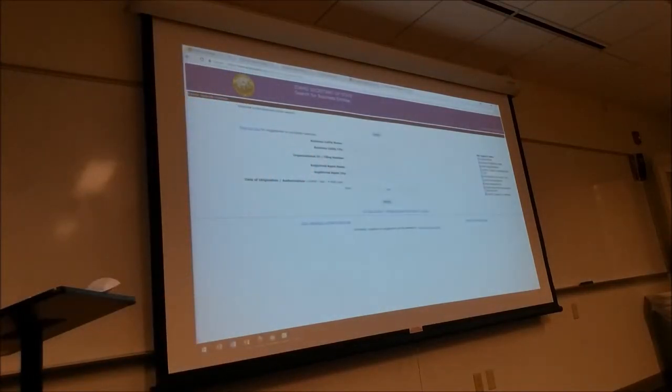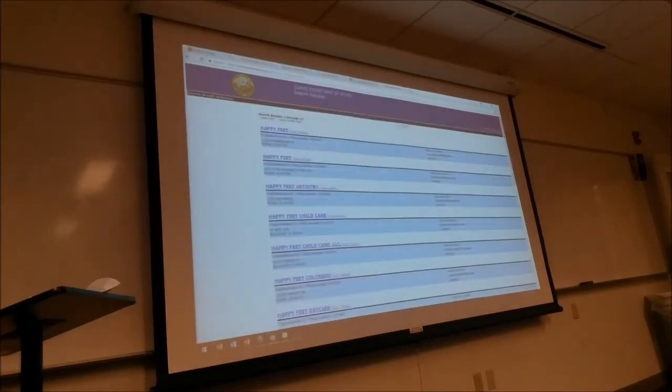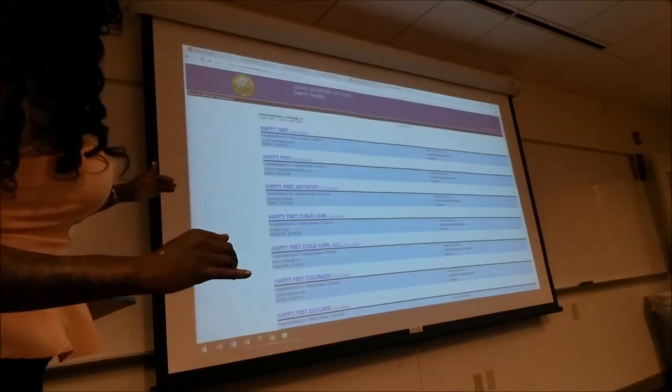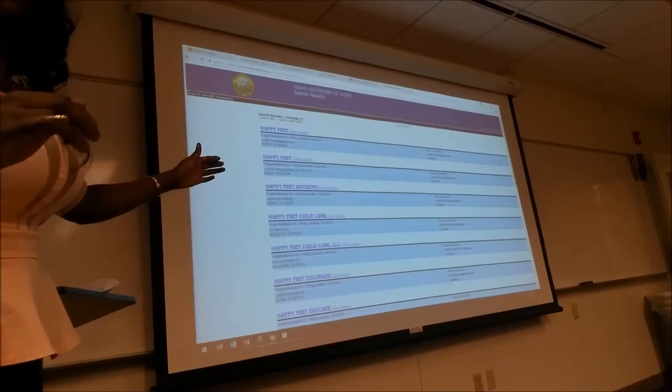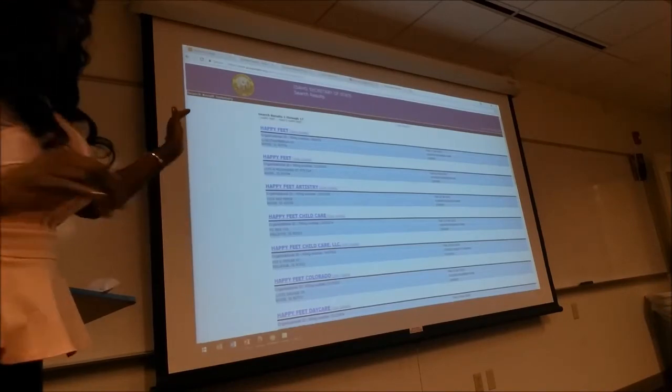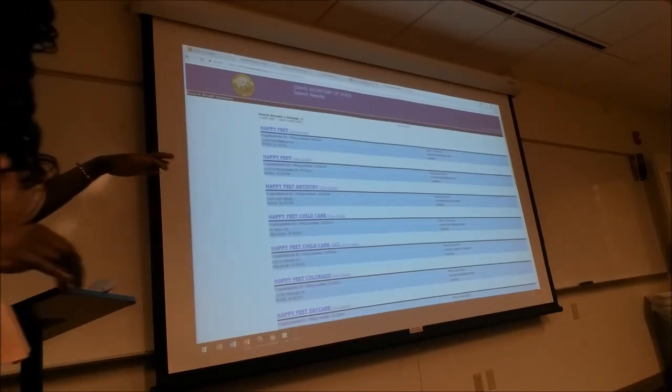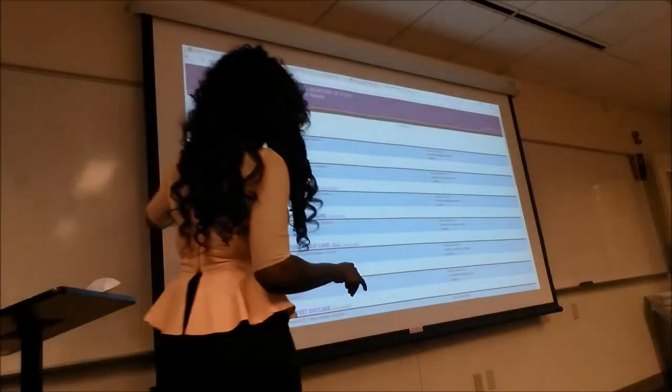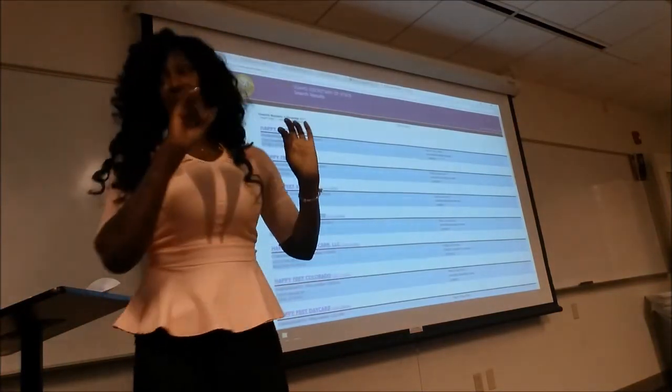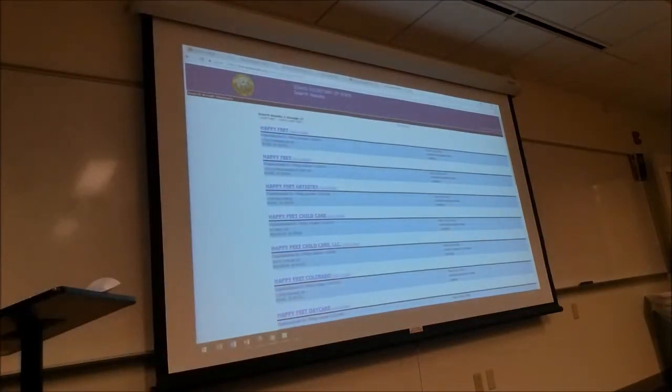So the way they do that, they go right here. Here's the Idaho Secretary of State, and I'm going to put in Happy Feet. Okay, look at all of these Happy Feet. Which one? Okay. So now look at this. It's very specific now.